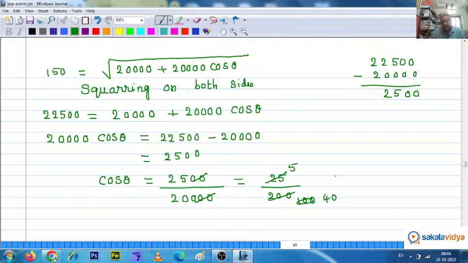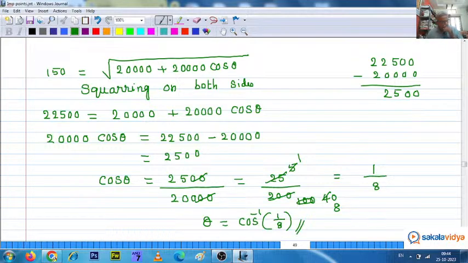Clear? So 5 1s are 5, 5 8s are 40. You will be getting 1 by 8. Now theta is equal to, you will be getting cos inverse of 1 by 8. So this is the answer. I hope it's very clear to you, right?